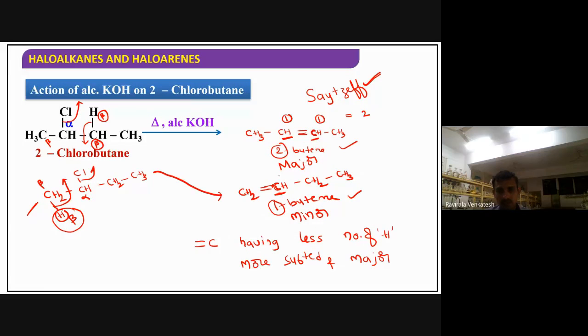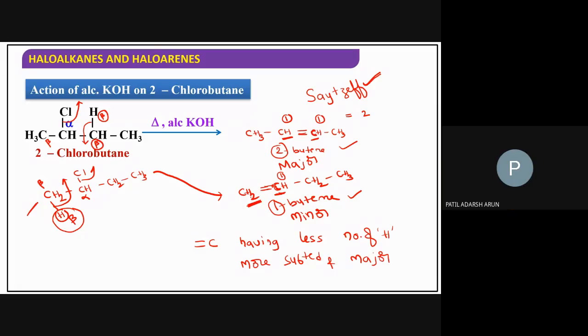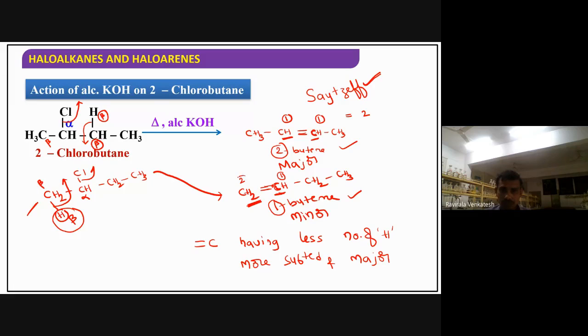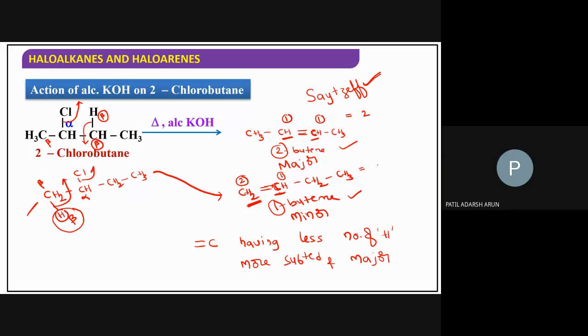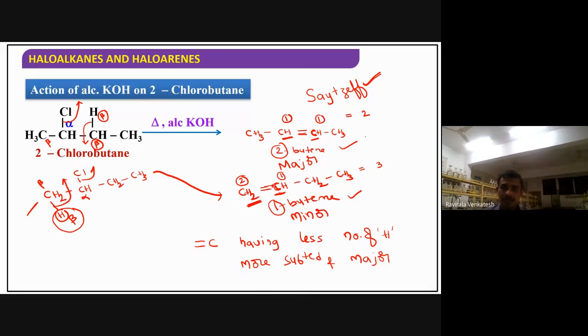For making that one answer, you need this much time. What about this double bond carbon? Sir, 2. 2 hydrogens. Total how many here? 2 plus 1 equal to how many hydrogens are there here? Sir, 3. 3 hydrogens. Now, here it is having less number of hydrogens.